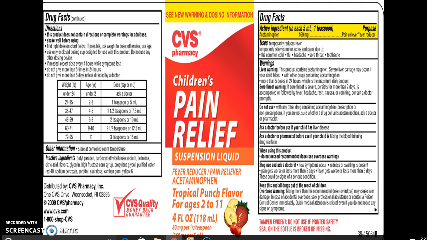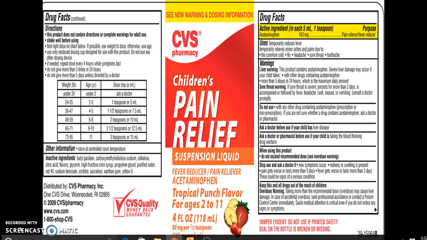It has what's called drug facts. First, it mentions the active ingredient, which is acetaminophen, and it gives the amount. The active ingredient relates to the dosage required, which is 5 milliliters or 1 teaspoon, and so you should find 160 milligrams of the medication there.